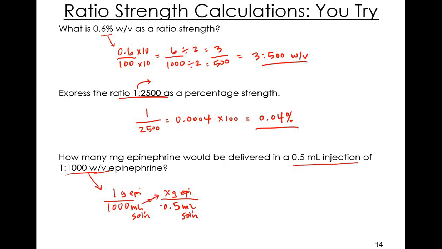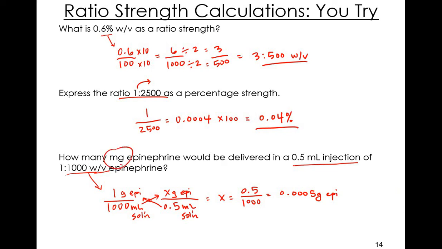We can crisscross, and we get x is equal to 0.5 divided by 1,000. So 0.0005 grams of epinephrine are in that injection.